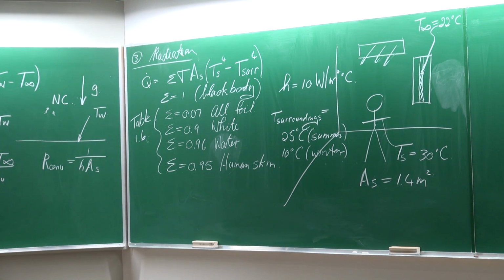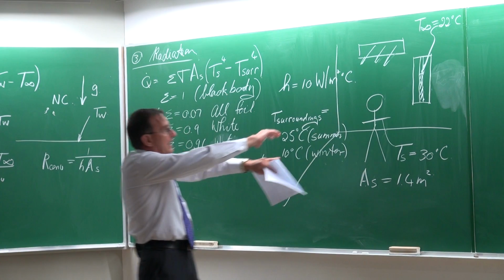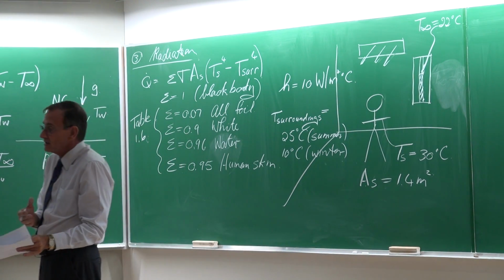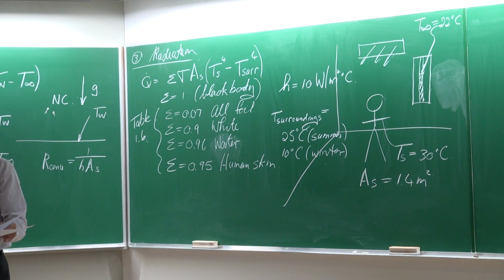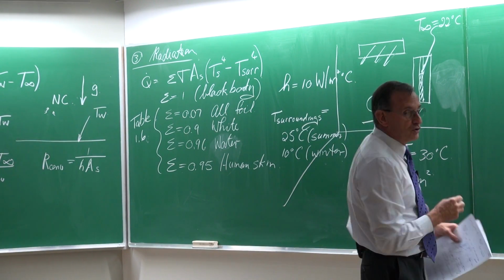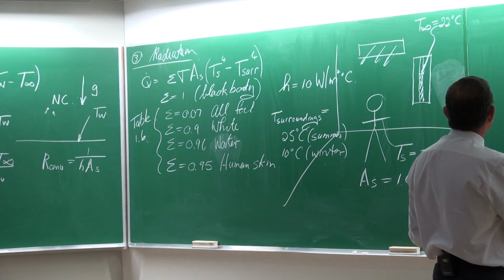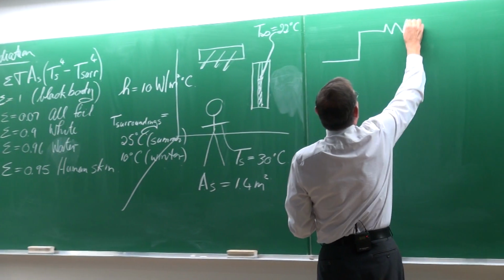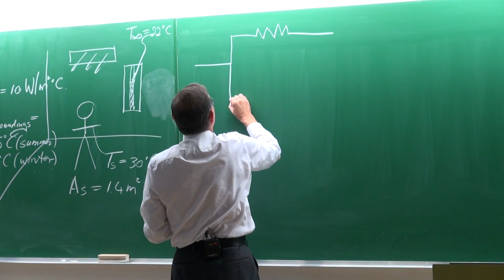And we are going to look at these two scenarios, trying to explain why you feel chilly, although you are surrounded by air at 22 degrees Celsius in winter, while in summer you feel comfortable. So the modes of heat transfer that we have here are two modes.